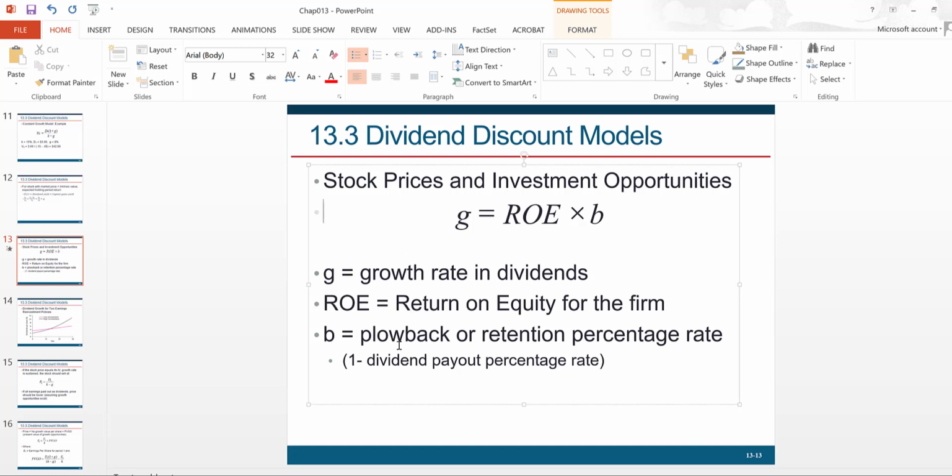So if a firm retains a lot of its earnings but does not actually invest in very profitable high returning projects, it's not going to be able to grow. Retaining is one thing, but the firm should also be able to invest in high returning projects, and that is also an important component of this growth rate. So G equals the product of ROE and B.